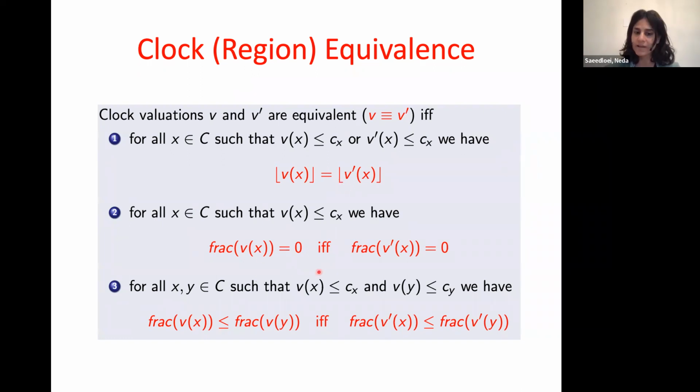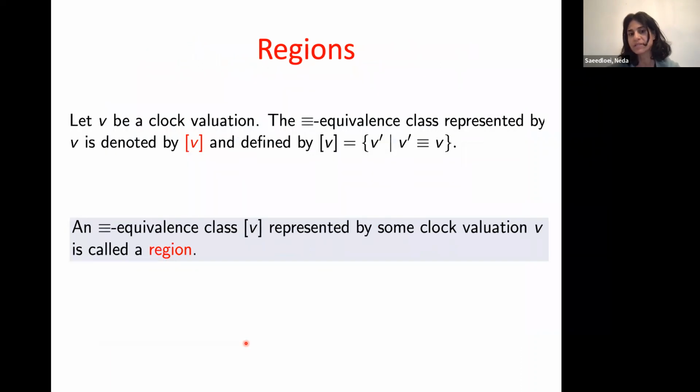And moreover, if the fractional part of any clock x is 0, then the fractional part of clock x in valuation V prime also has to be 0. And the last bullet point is essentially what I said before, that the ordering between the fractional parts must be preserved.